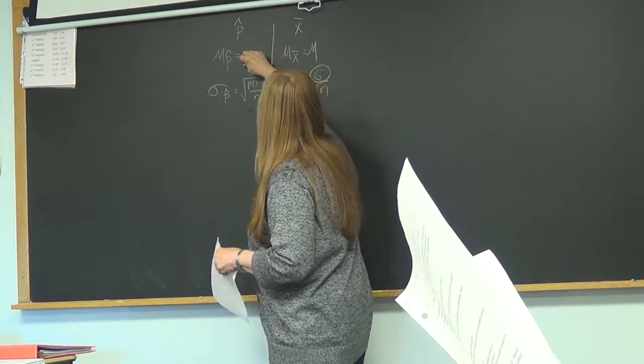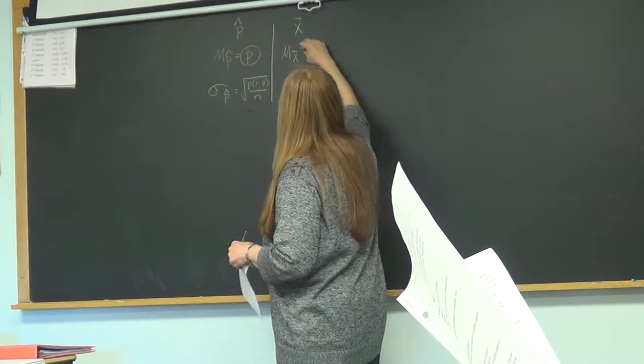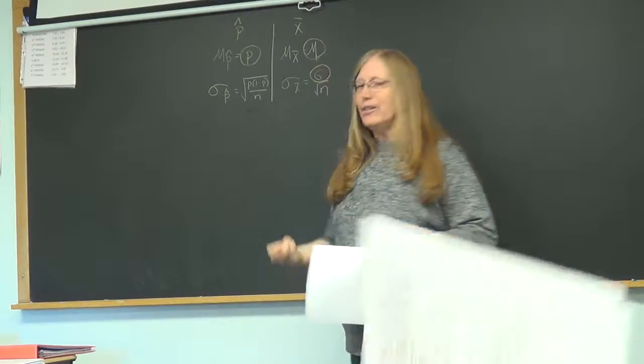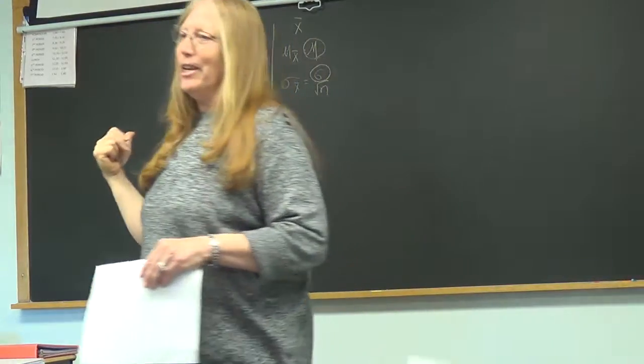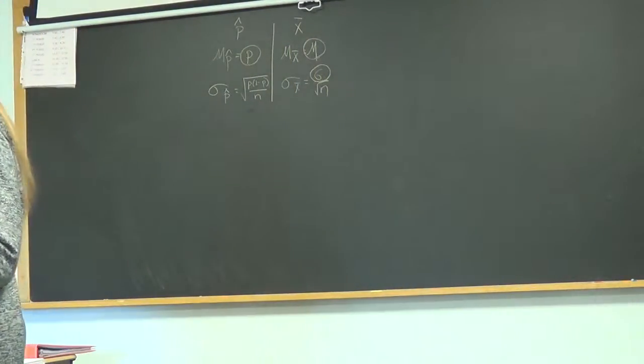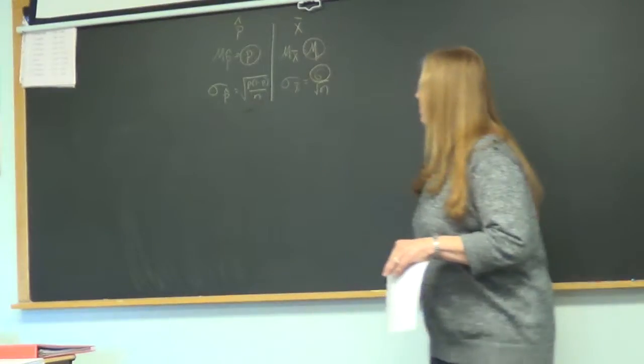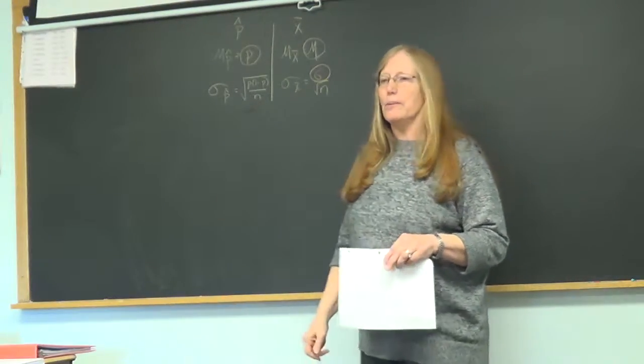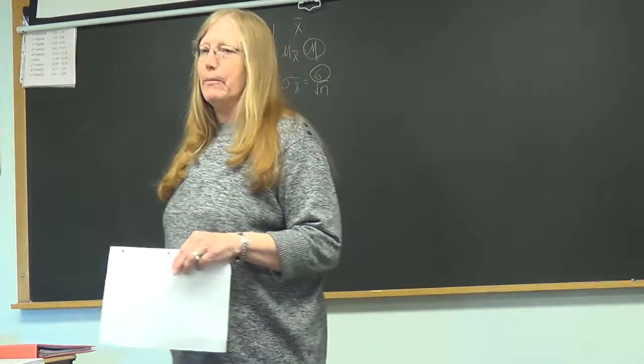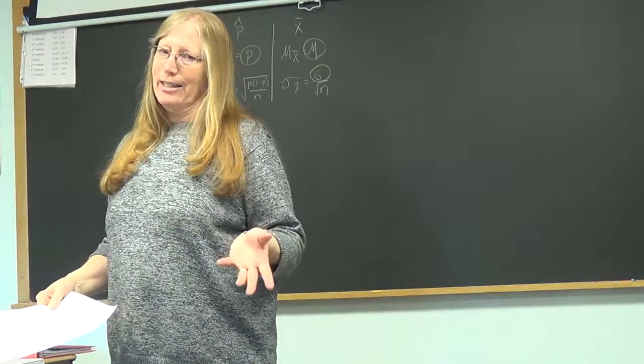You don't always know that. So why are you taking samples if you already know the whole population mean? You already know the standard deviation, and you already know the proportion for the whole population. Well, if you already know the parameters, why are you fooling around with statistics?